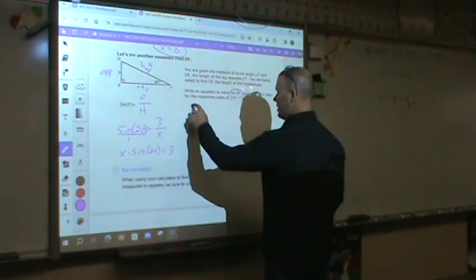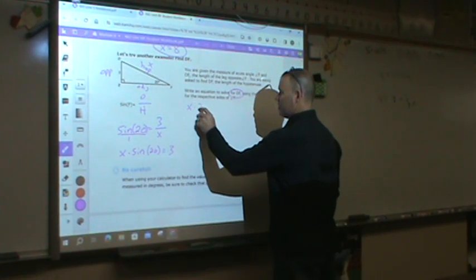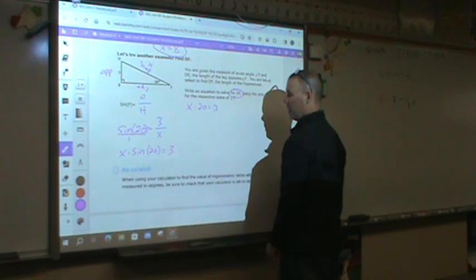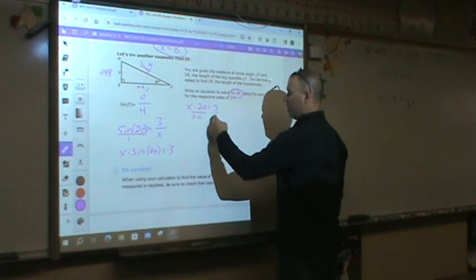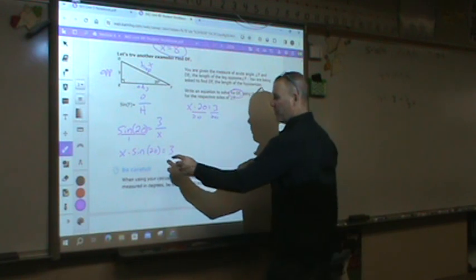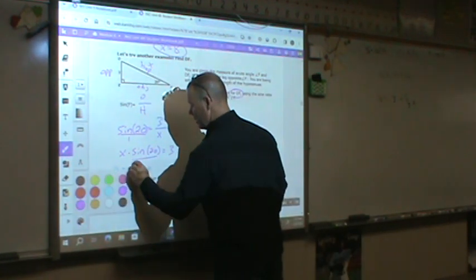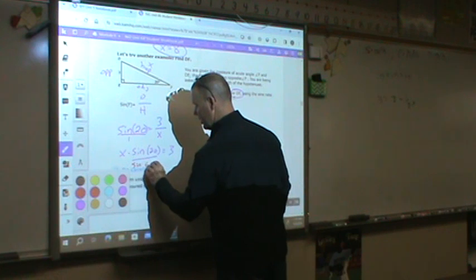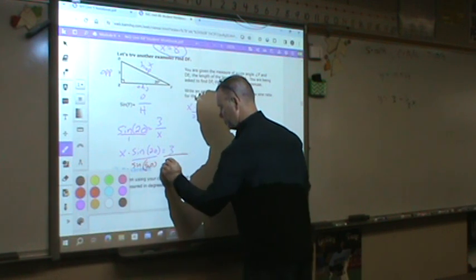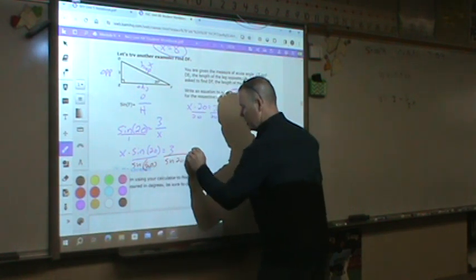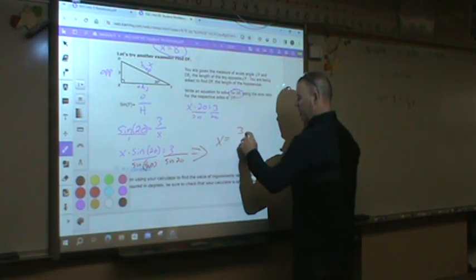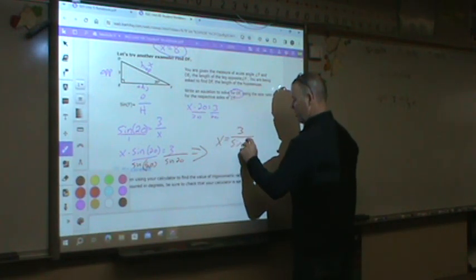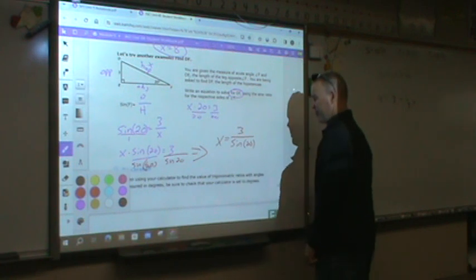Well, pretend that this said x times 20 equals 3. How would you get x by itself? You divide by 20, right? It's no different. I'm going to divide both sides by the sine of 20. So, therefore, x is equal to 3 divided by the sine of 20 degrees.